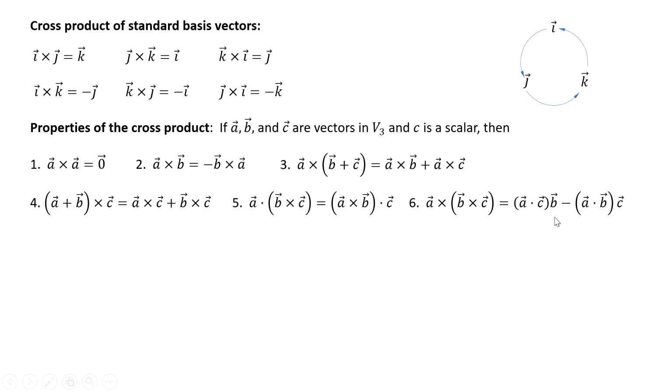Yeah, that is okay. Taking a vector and multiplying it by a scalar, that's okay. Well, isn't A dot C just a scalar? Yeah. So all I'm doing is multiplying this B by a scalar called A dot C. That's totally cool. No violation occurred. Similarly, A dot B here is a scalar and I'm multiplying by C. So A cross (B cross C) is equal to (A dot C) times B minus (A dot B) times C.